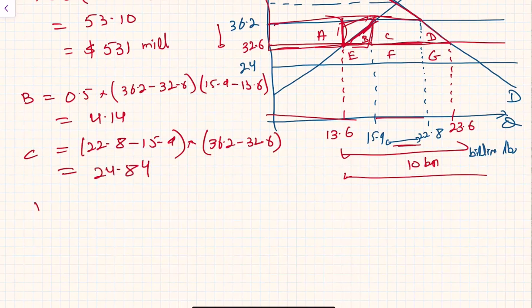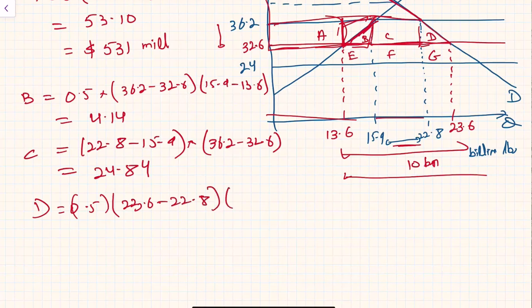Finally, D, which is this triangle to the right, equals 0.5 times 23.6 minus 22.8 times 36.2 minus 32.6, which is 1.44.